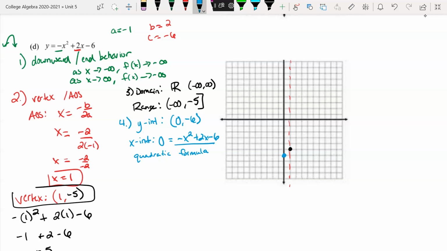So you would try to factor it if you could. We can't in this case, so we're going to say negative 2 plus or minus the square root of 2 squared minus 4 times negative 1 times negative 6 all over 2 times negative 1.